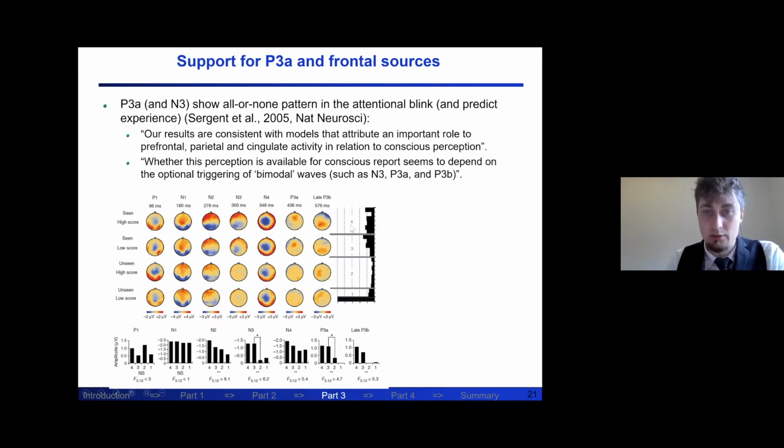Their theoretical standpoint was that there should be these all-or-none components. So you can plot the different components in the EEG signal, ranging all the way from P1 at around 100 milliseconds to this late P3b at around 600 milliseconds.